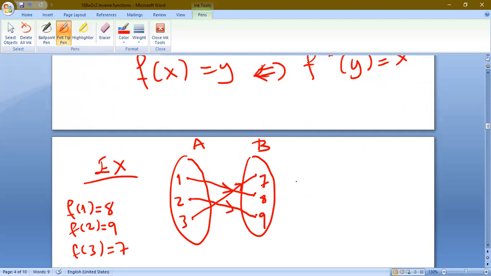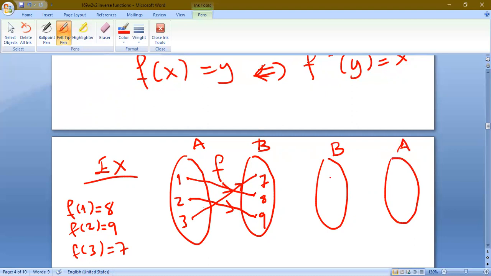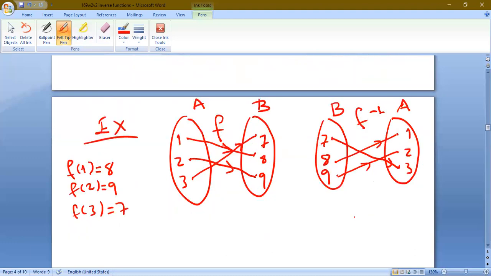But f inverse, so this is f, f is from A to B, and what is B? 7, 8, 9, and A is 1, 2, 3. So 7 came from 3. So f inverse is going to take 7 back to 3. It's going to take 8 back to 1, and it's going to take 9 back to 2. This is what f inverse is going to do. As you see, it just does the inverse of what f does.